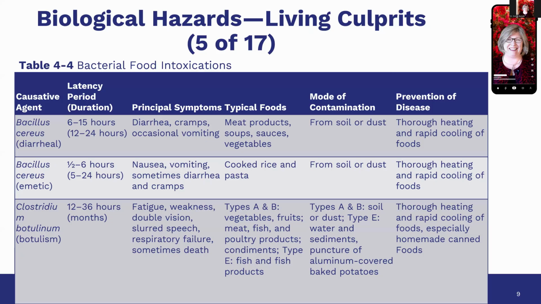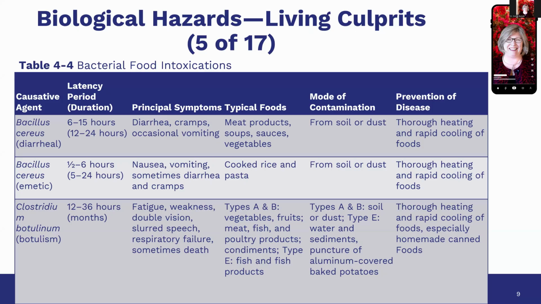For both types of botulism, you have potential problems: vegetables, fruits, meat, fish, poultry products, condiments. For type E, fish and fish products. Those are very general categories: vegetables, fruits, meat. So, again, we have to be careful with all the foods we're preparing.